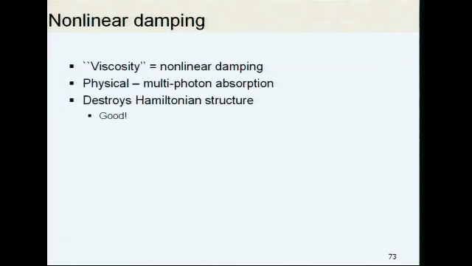For example, in nonlinear optics, people use nonlinear damping to model the multi-photon absorption that occurs because once the laser beam is collapsing, the electric field intensity increases, you start having plasma, the plasma is absorbing the laser beam, it's a nonlinear damping process, and you can model it under some condition with a nonlinear damping. So it's a reasonable physical term. It destroys the Hamiltonian structure, but this is actually good.